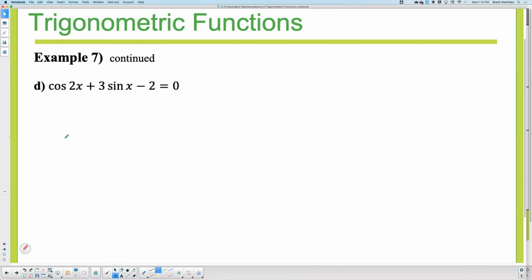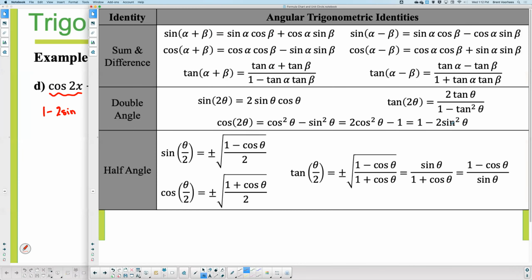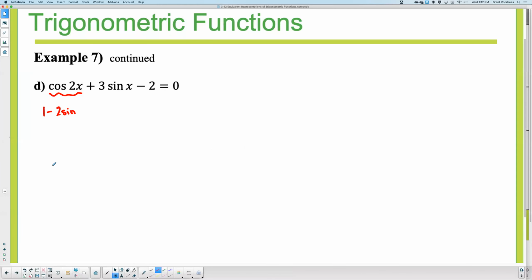So that's where I'm going to begin here, that this is going to be 1 minus 2, I already forgot. Is it 2 sine squared? Let's get that right. Yeah, 2 sine squared. And this problem is not using a theta, it's using an x. So I'll put that as an x plus 3 sine x minus 2 equals 0.